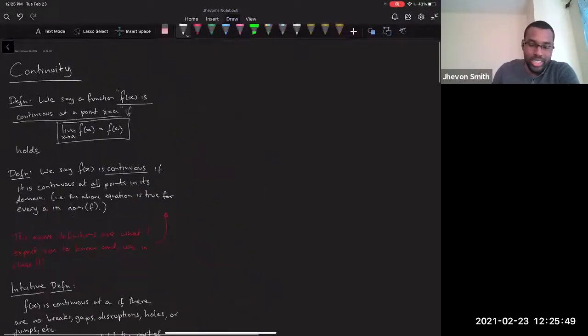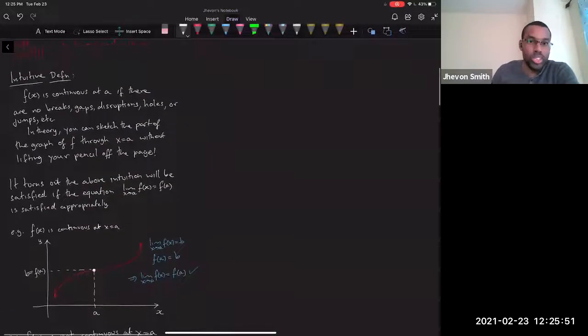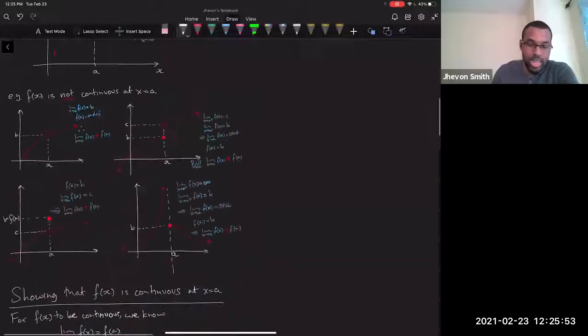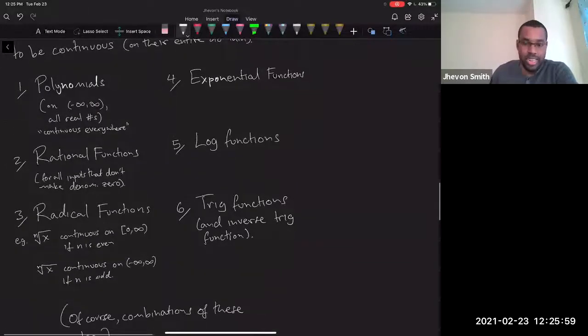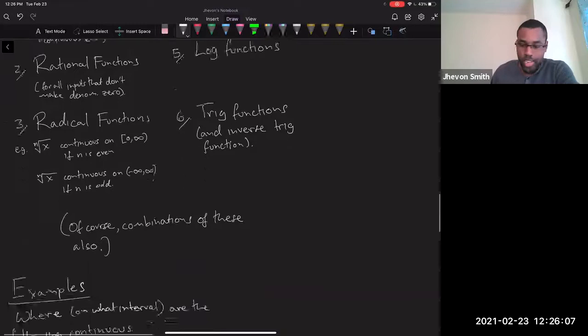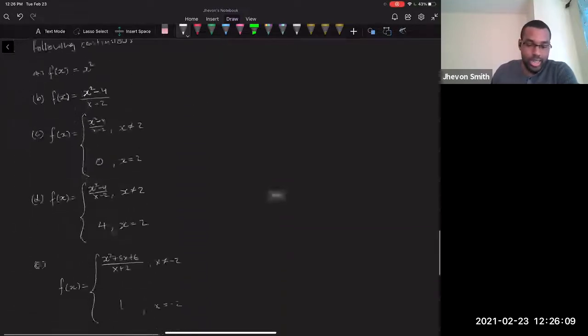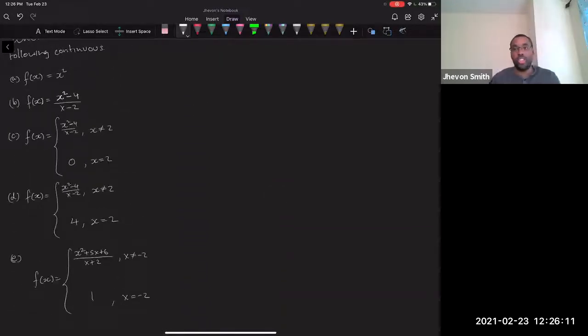When that one little equation is satisfied, this intuitive idea is satisfied. And when that equation is not satisfied, then that intuitive idea is not satisfied. These are the guys that satisfy that definition on their domain. And every function that you can conceive of as a non-math major is going to be a combination of one of these 6. And I'd like you to actually try to show that those guys are continuous.